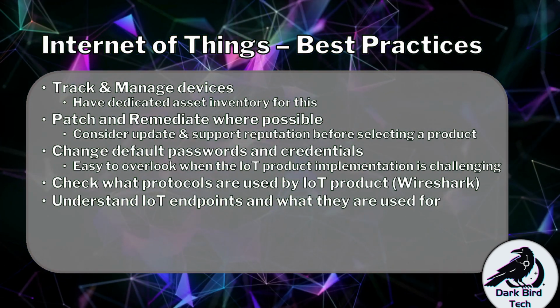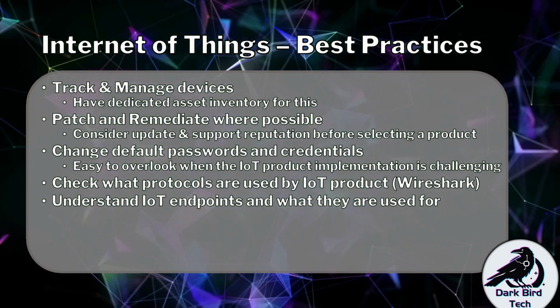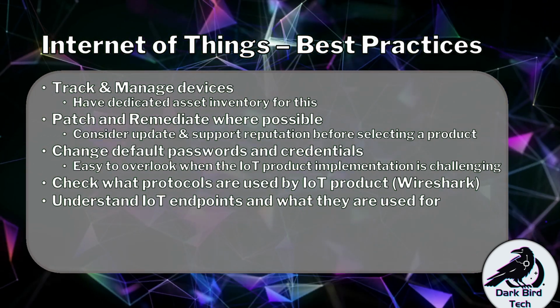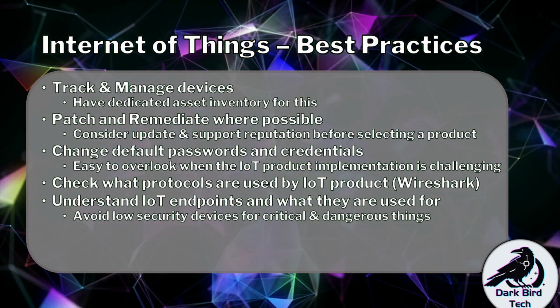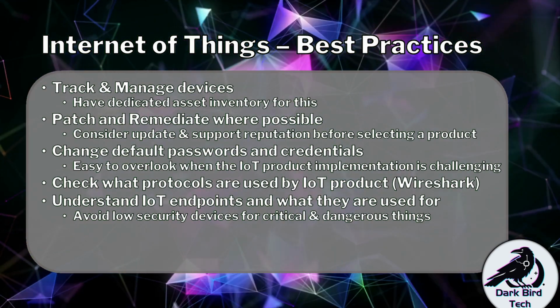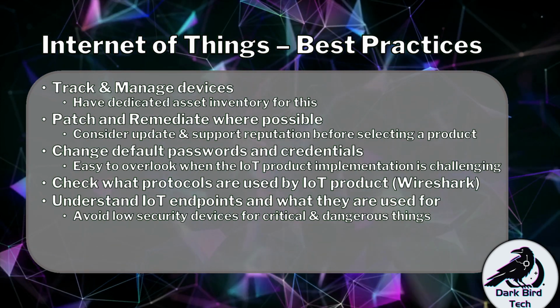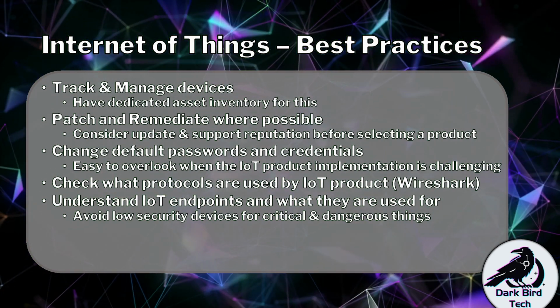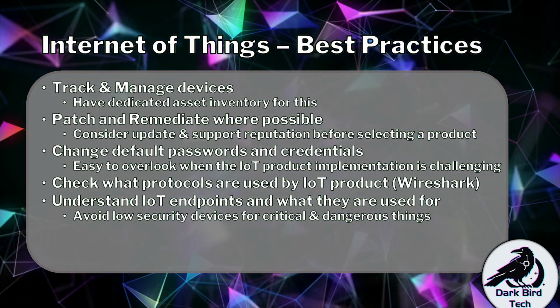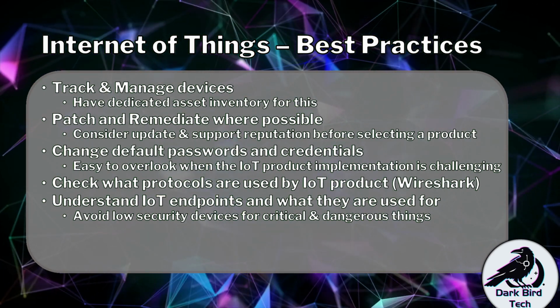Then, understand your IoT endpoints and what they're being used for. This will help you think carefully, because you don't want to use low security devices for critical and dangerous things. For instance, an IoT plug should not necessarily be used on somebody's oxygen generator if they're on oxygen support.